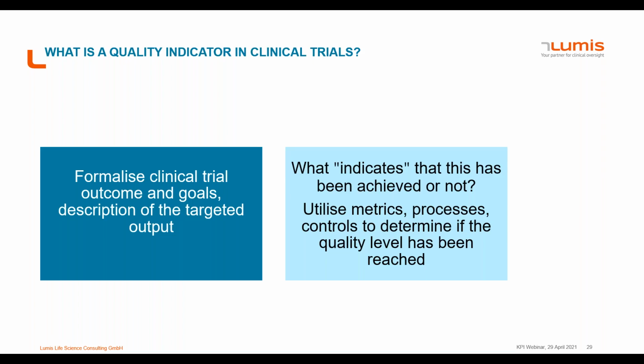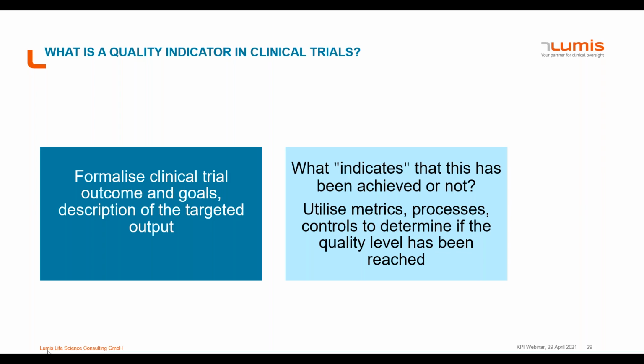So what is a quality indicator in a clinical trial? This really involves defining a clinical trial outcome, our goals, describing the target output as well. Here in particular, I like to look at "indicates" as a terminology. What indicates that this has actually been achieved or perhaps missed?